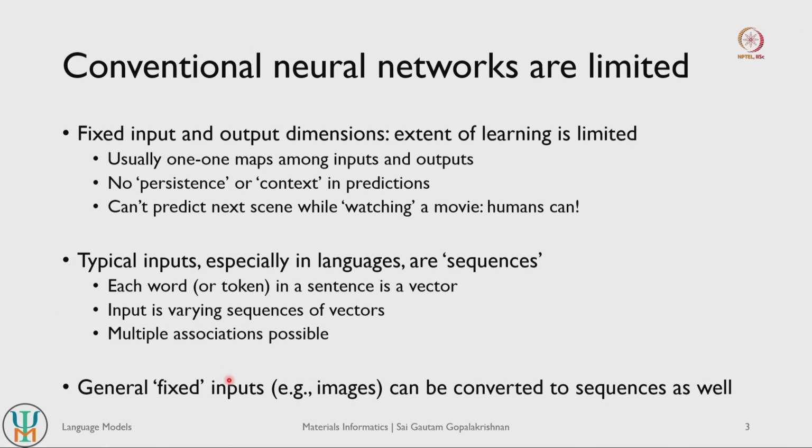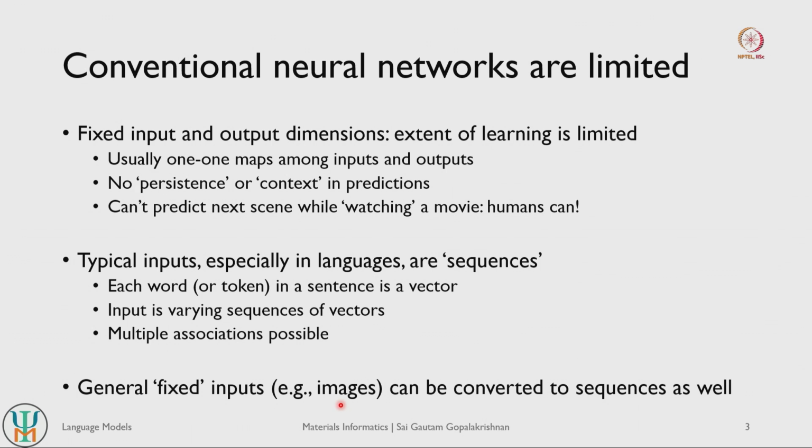And the other nice thing is, once we figure out how to deal with sequences in general, we can also use this framework to model fixed inputs, such as images, right. Usually when we build models for handling images, we build them for input images of a certain dimension, a certain number of pixels.